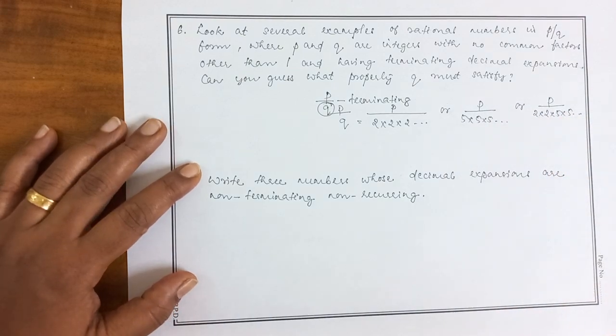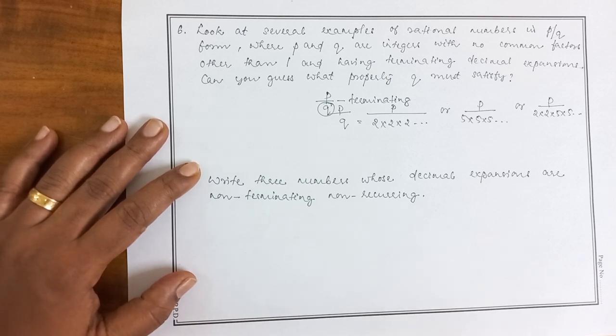That is, the prime factorization of q has only powers of 2, powers of 5 or powers of both 2 and 5. If q satisfies this condition, then p by q will be a terminating decimal expansion.